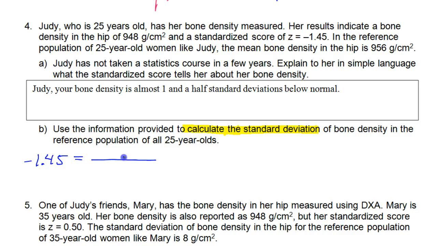Mason, don't make me pause this video to wake you up. So we're supposed to do the value. Okay, her value was 948. Okay, do we know what the mean was? 956. All right, they told us the mean was 956. So the only unknown is the standard deviation. Okay, so that's the thing that we need to find.